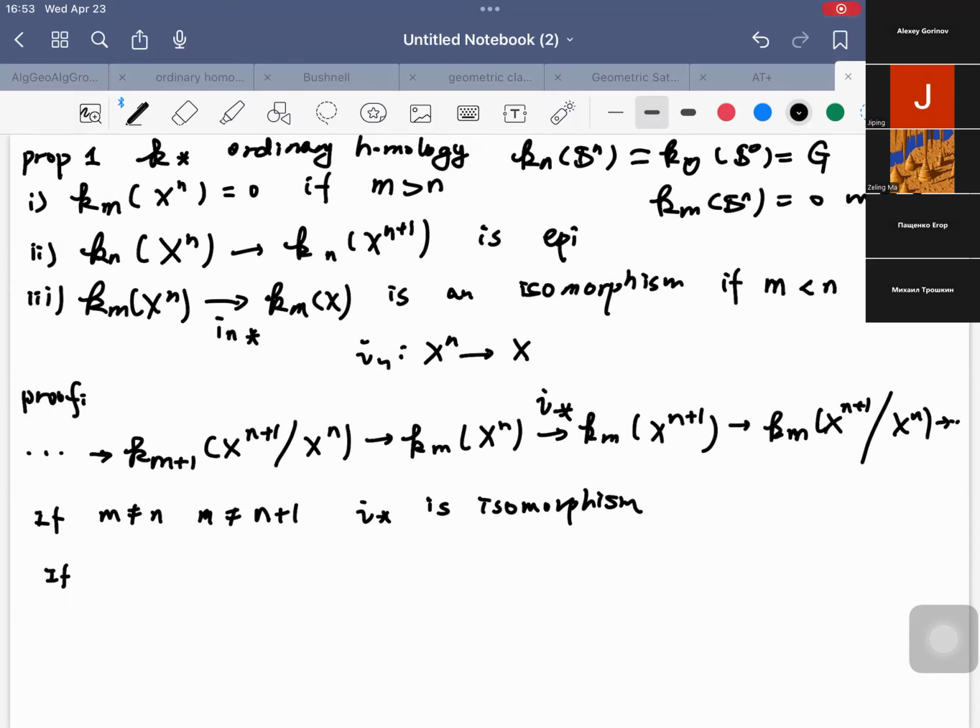If m equal to n, you can see this part is equal to 0. So this is R star is epimorphism.